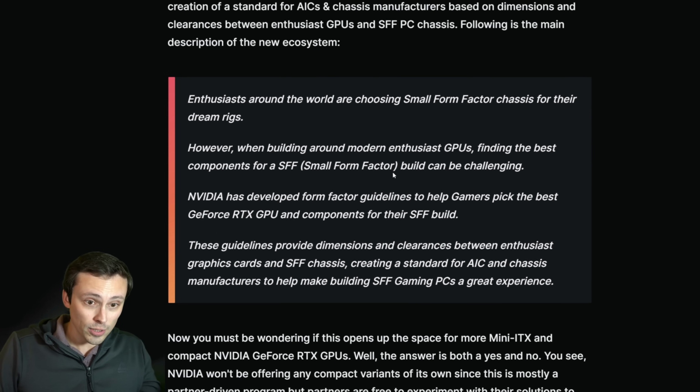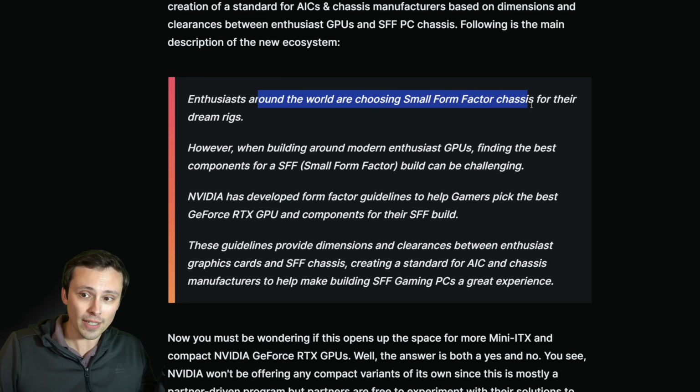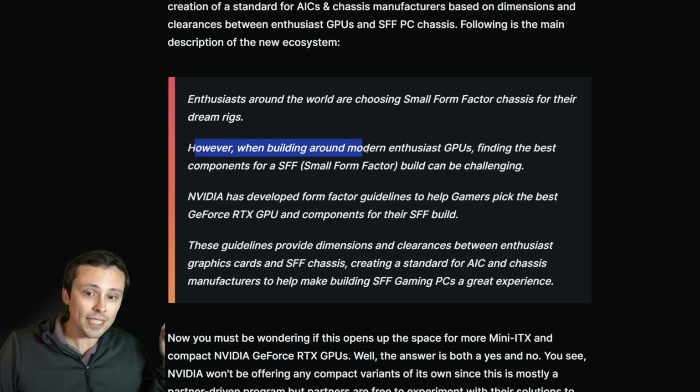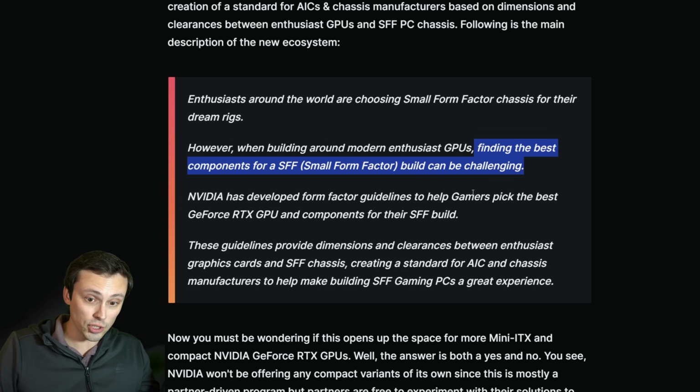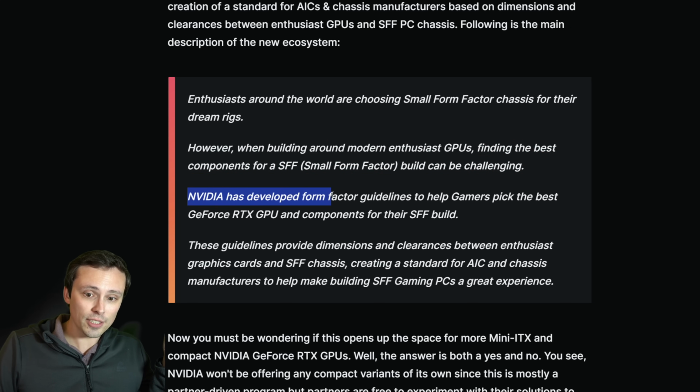Here's the quote. It says, enthusiasts around the world are choosing small form factor chassis for their dream rigs. However, when building around modern enthusiast GPUs, finding the best components for a small form factor build can be challenging. So Nvidia has developed form factor guidelines to help gamers pick the best RTX GPU and components for their small form factor build.